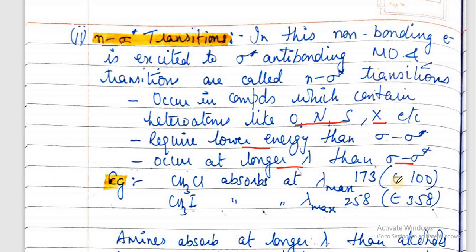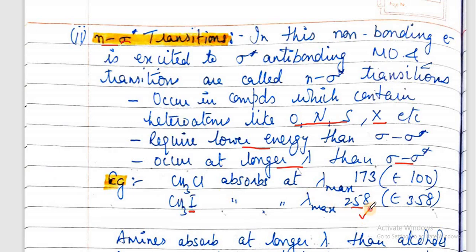nanometer with epsilon 100, that is, intensity 100, and methyl iodide absorbs at 258 nanometer, because in this one the bond is weaker, so it requires less energy to break. Less energy means higher wavelength.